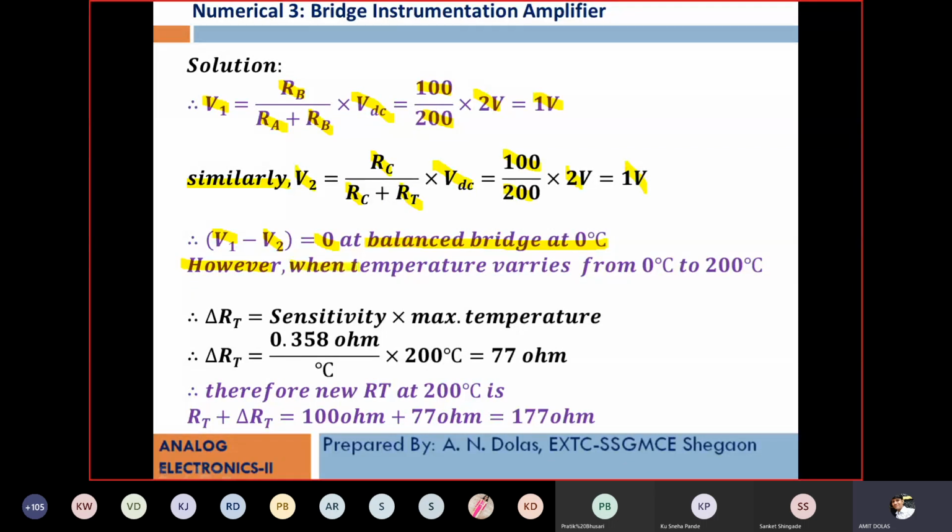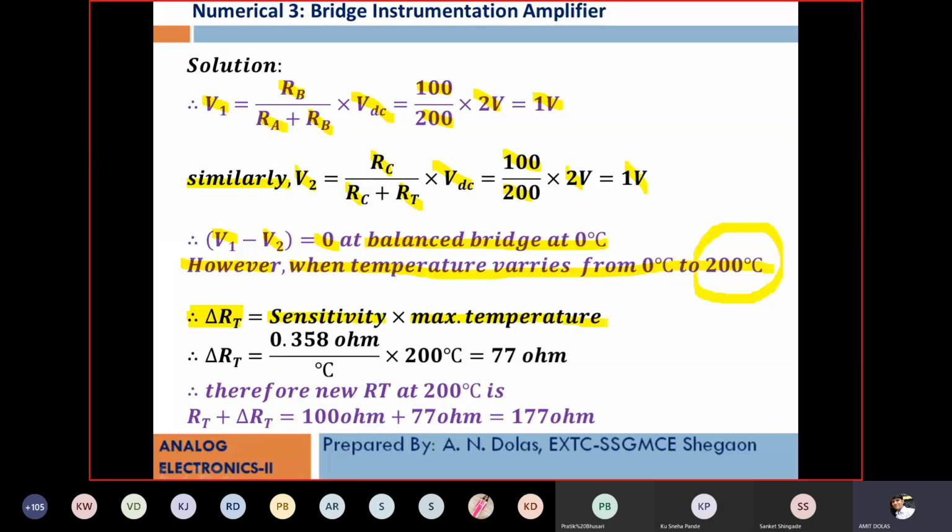However, when temperature varies from 0 to 200 degree centigrade, we need to look at the maximum now. Delta RT, the change in the temperature dependent resistance, will be equal to sensitivity multiplied by the maximum temperature range. Sensitivity is given, that is 0.358 ohm per degree centigrade multiplied by the maximum range of 200 degree centigrade.